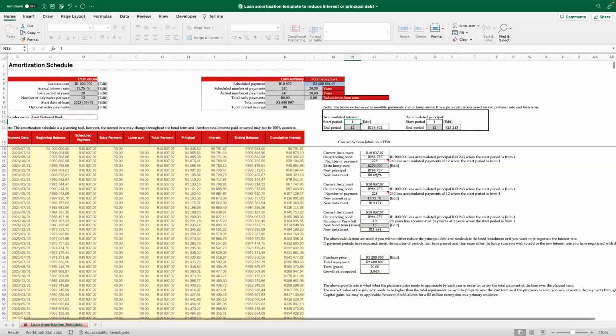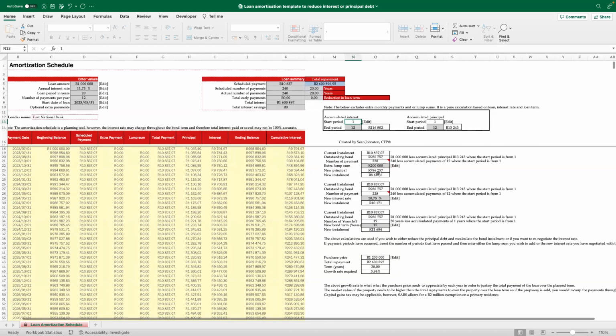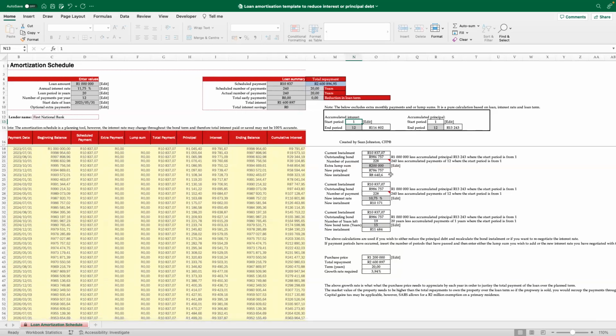So that's your new installment based on the number of payments left, which is 228. So you haven't reduced your loan. What you've done is you've reduced your installments because you've recalculated the principal portion of the outstanding loan.